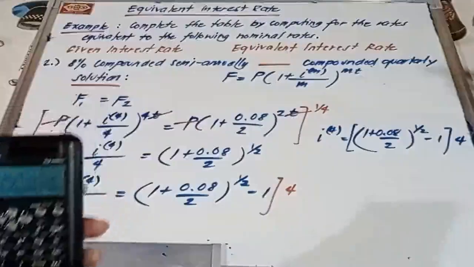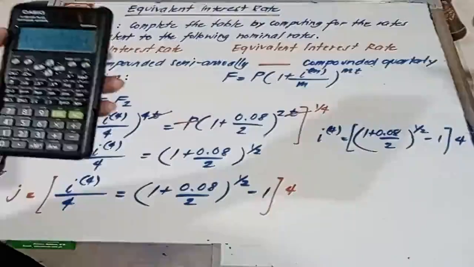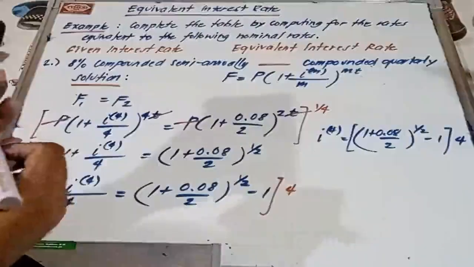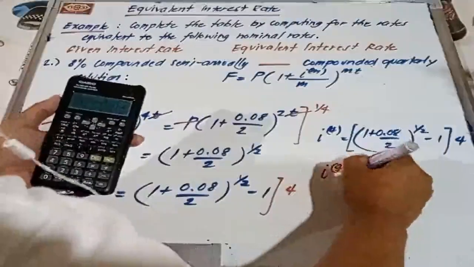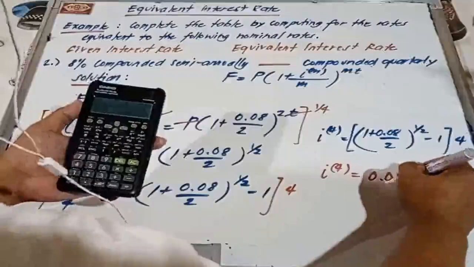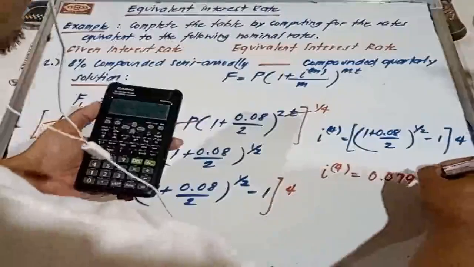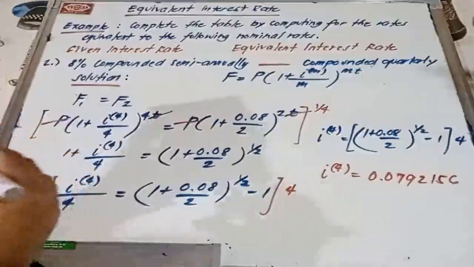We have 0.0792156. So, we have the equivalent interest rate is 0.0792156. Okay?